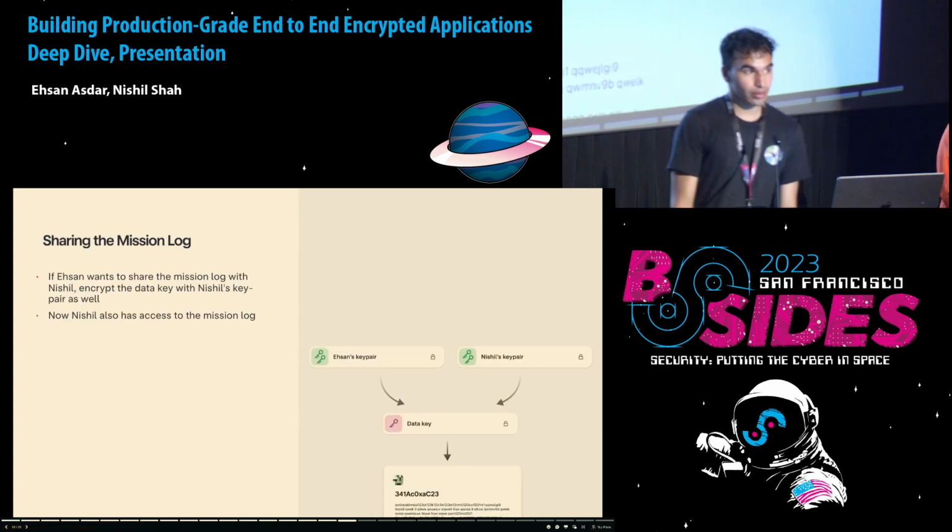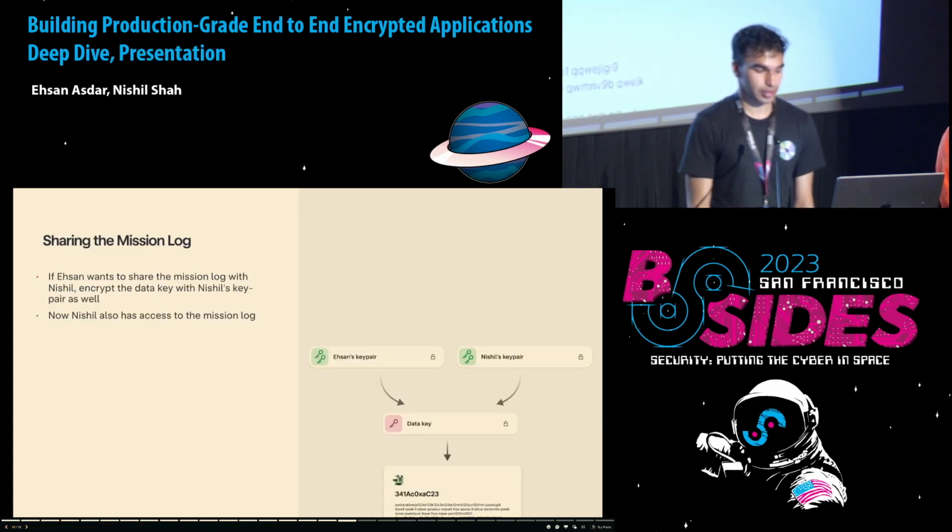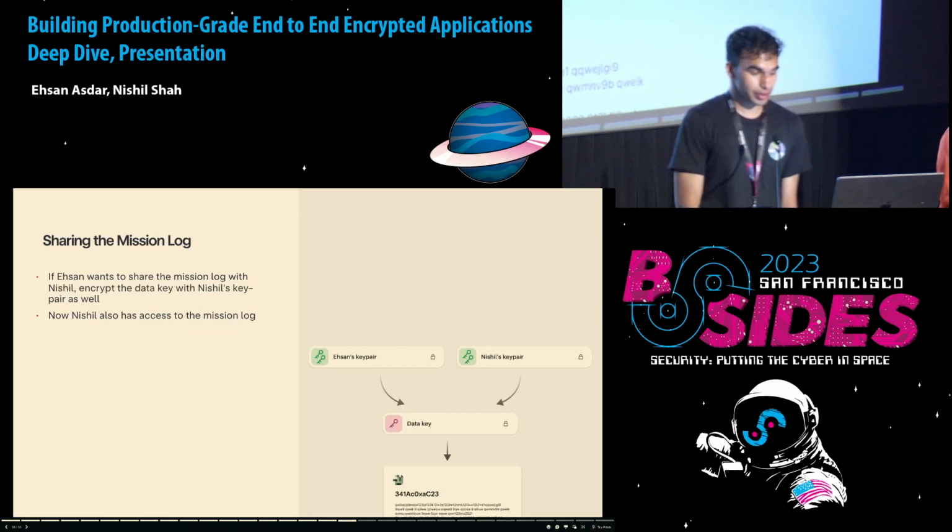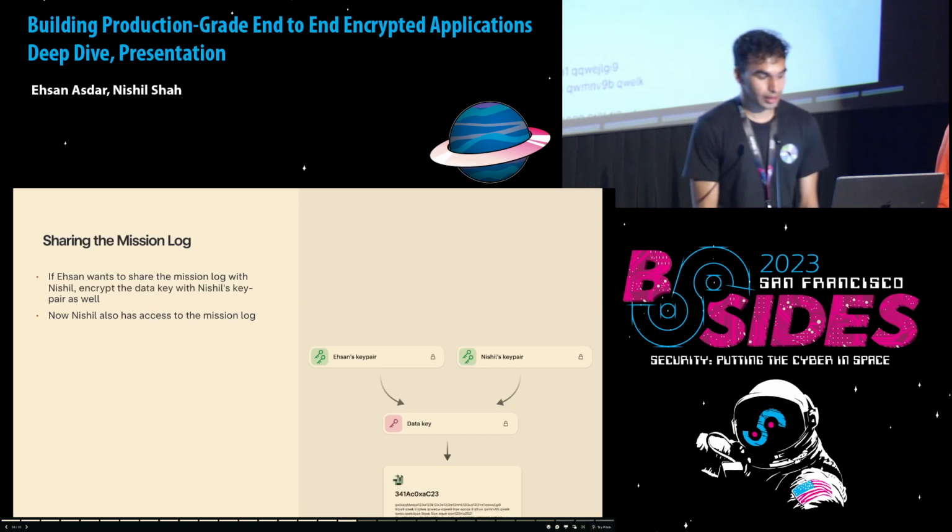So now let's say I wanted to share this mission log with Nishil. So I've uploaded it, I've done all those operations. Now if I want to share the mission log with Nishil, all I have to do is encrypt that data key with Nishil's key pair as well and upload that to the server. Now Nishil can follow the same procedure to decrypt the document that I just described.